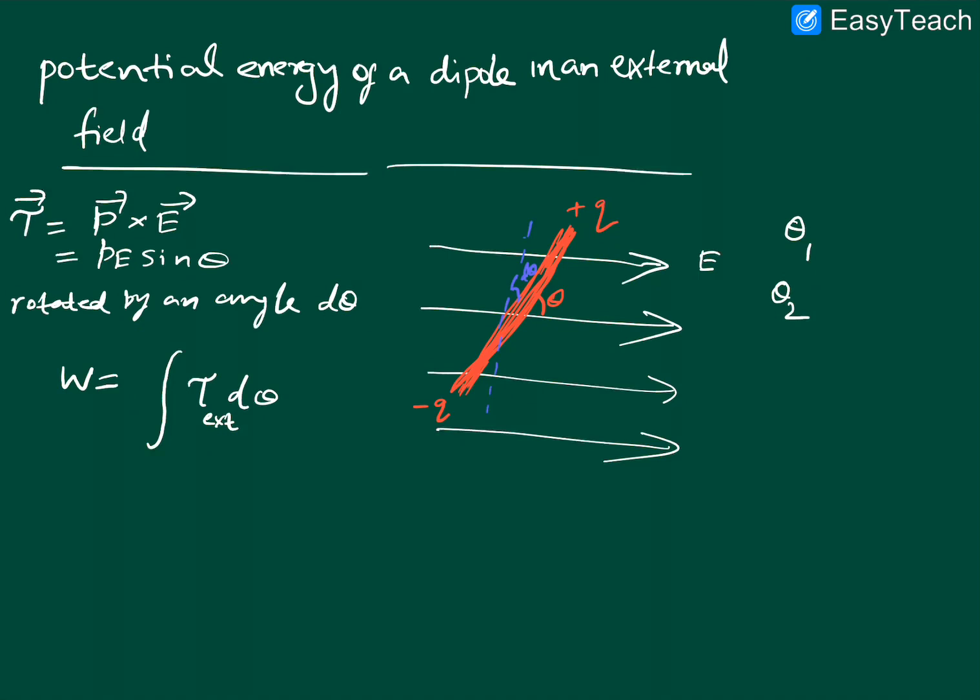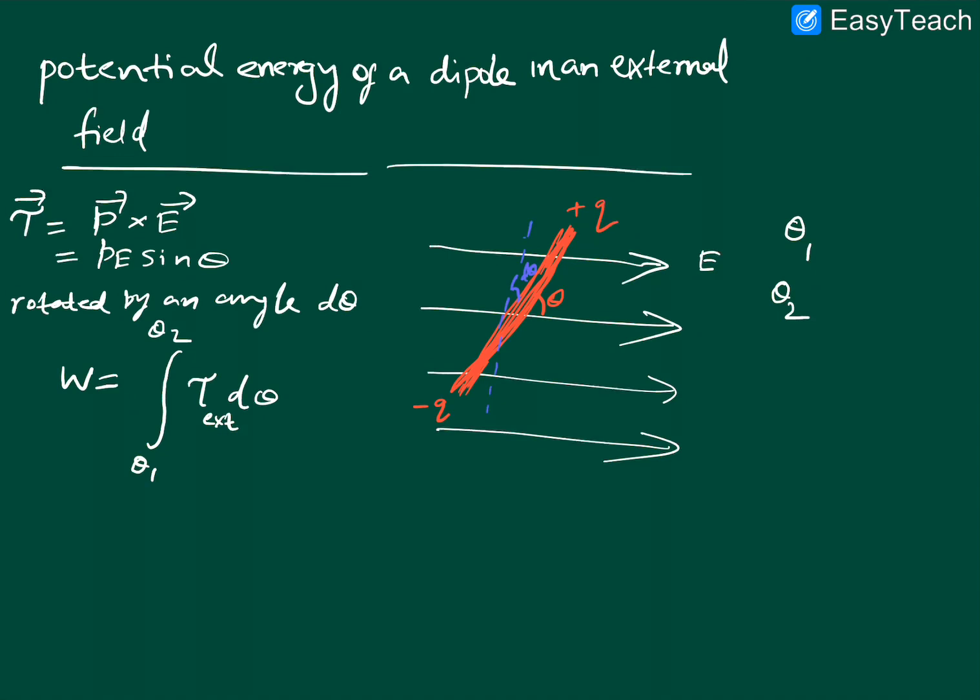So you are actually rotating from theta 1 to theta 2. These are the limits.